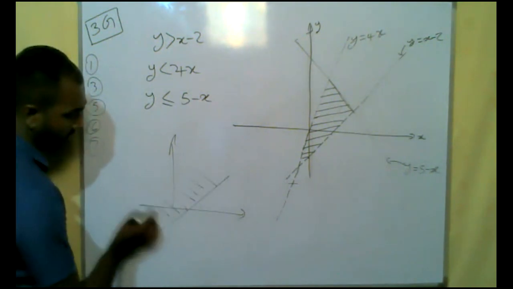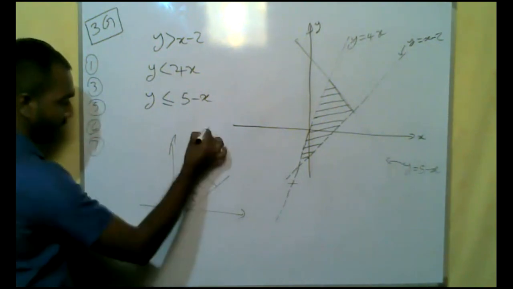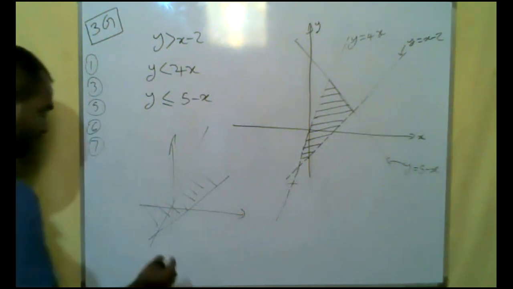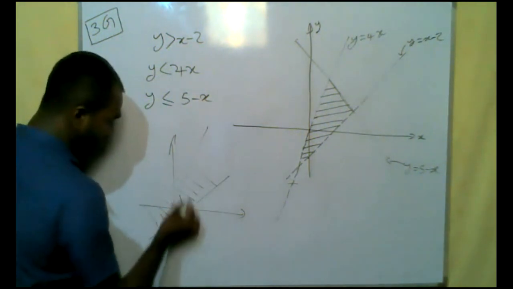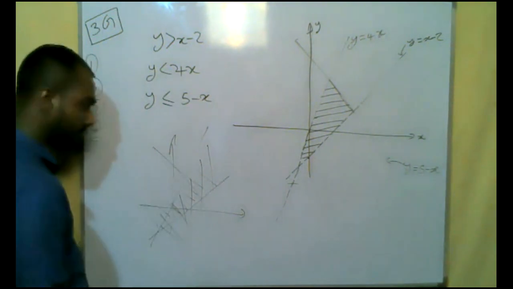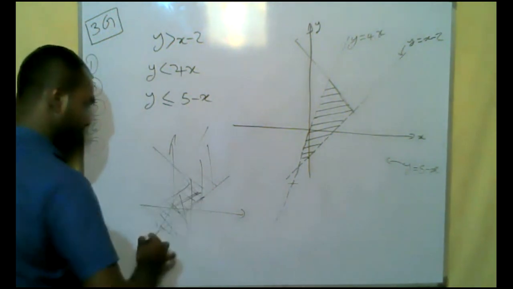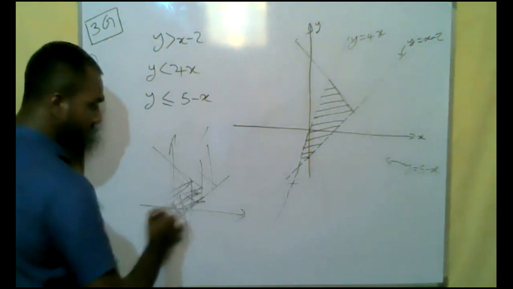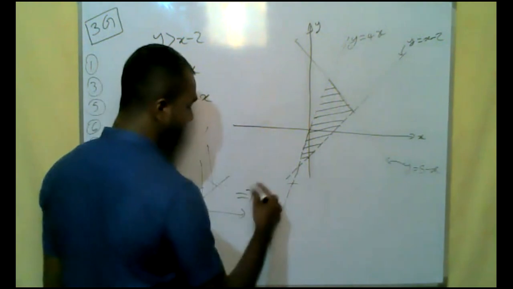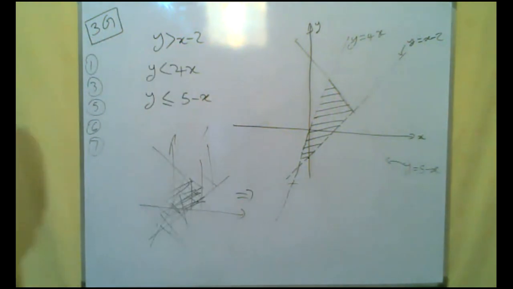It should be beyond here, and when you draw this line, then you are representing it should be below here with a different color. And when you draw that line, you know that it's going to be here as well. So the point where all these 3 intersections happen, you have to select, and then you can draw it in a new graph like this.